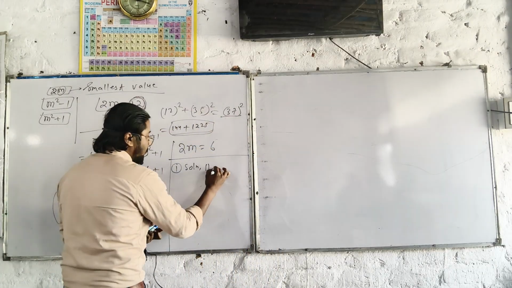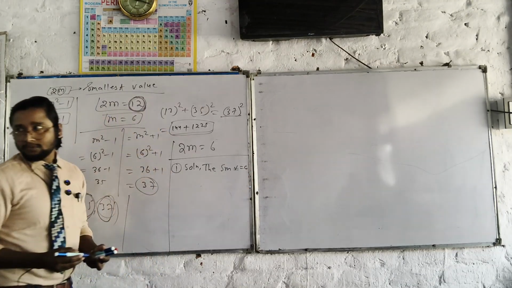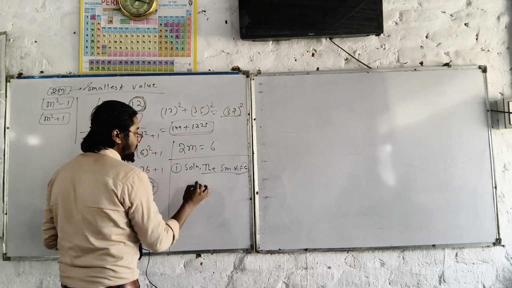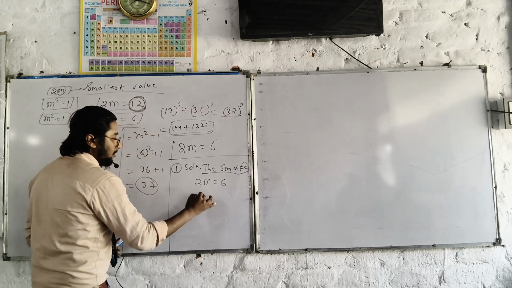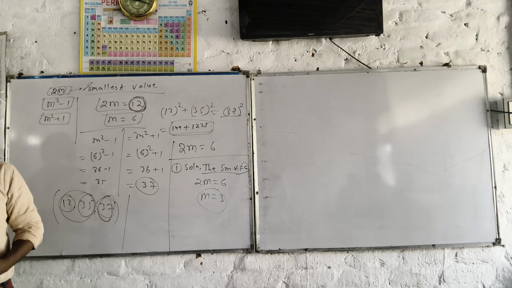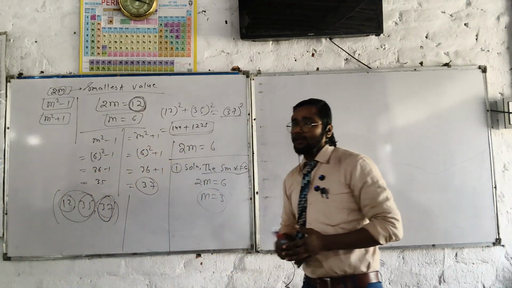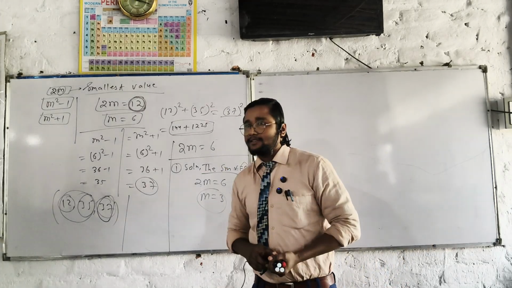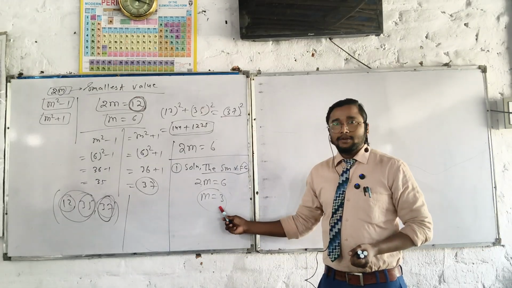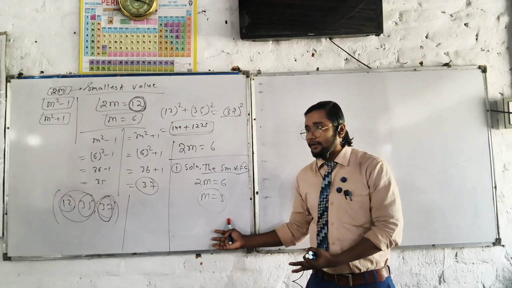The smallest value given there is 6. It means 2m equals 6, so m equals 3. Can we do that? The question arises here. The smallest member given is 6. To get the values, can you find m square minus 1 and m square plus 1?